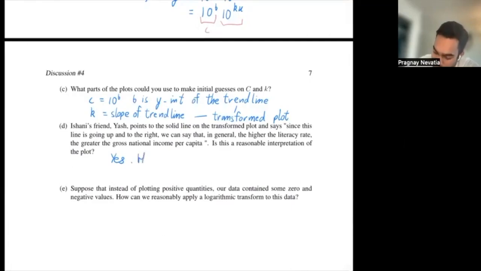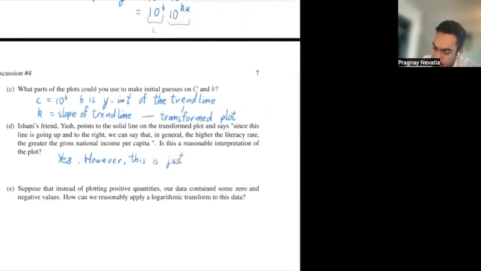However, this is just correlation and not causation. So again, keep that in mind, that we don't know there's a causal relationship, but we can say that there is some kind of relationship which is increasing.